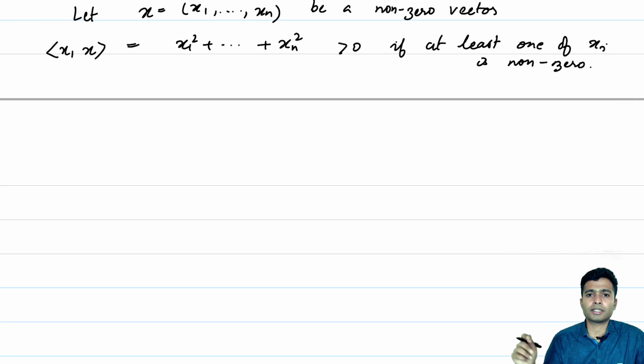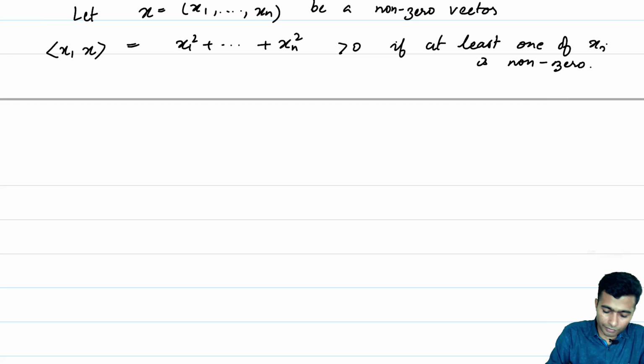But having said that, we could define other inner products on Rn as well. So let me just give you another example. Okay, so before that, what is it going to manifest as on the vector space R? So let's just go into a second example.